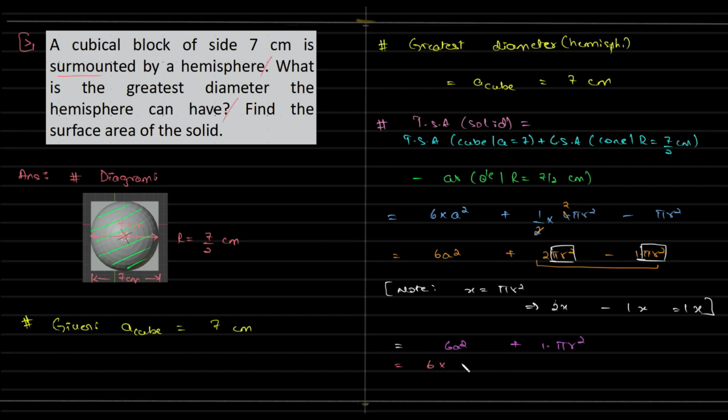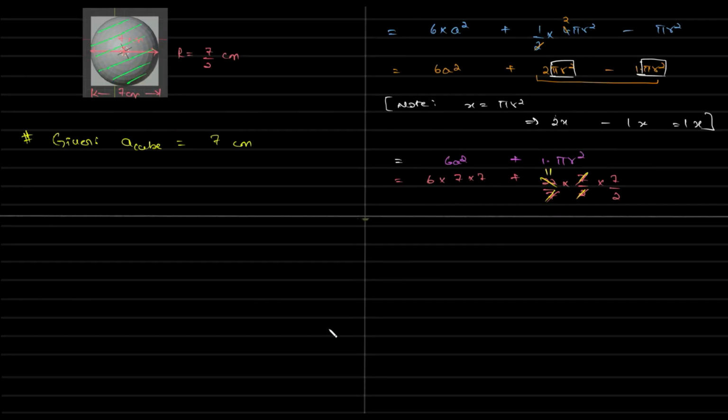So the dimension is 7 into 7 into 22 by 7 into radius 7 by 2 into 7 by 2. And remember, this was possible because both have the same radius. If not, this would have been R1, this would have been R2, and I could not have done much. So 7 and 7 get cancelled. 2 ones are 2, 11s are. Now it's just a simple calculation. 6 into 7 into 7 plus 11 into 7 by 2.